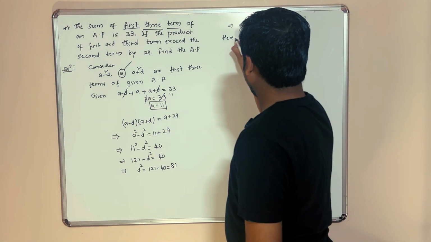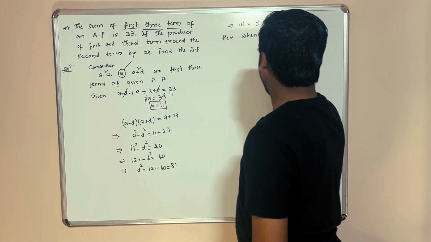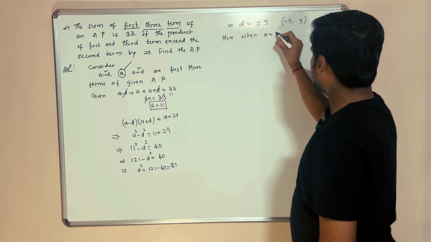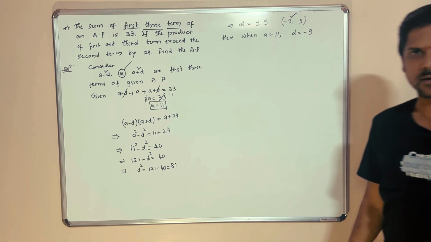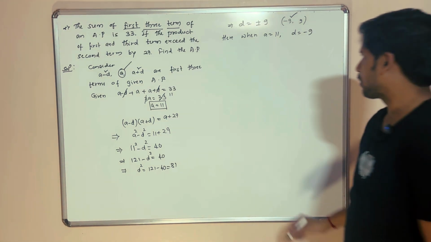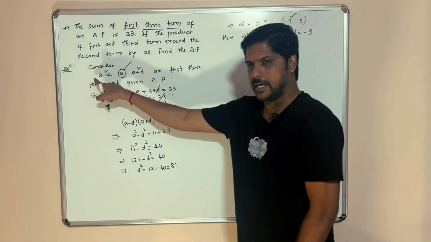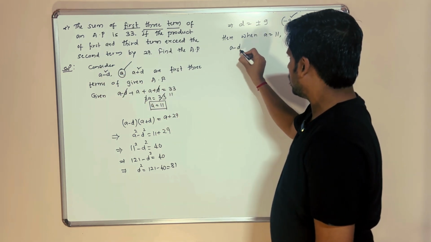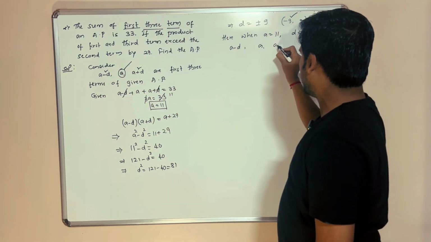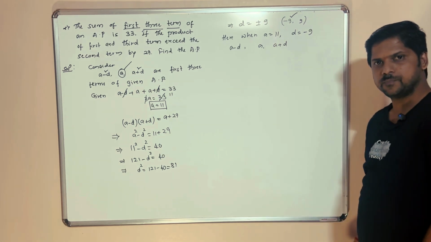Here, when A is equal to 11 and D is equal to minus 9, first one, minus 9. Then what is the AP? First three terms are A minus D, A, A plus D. These are the first three terms.